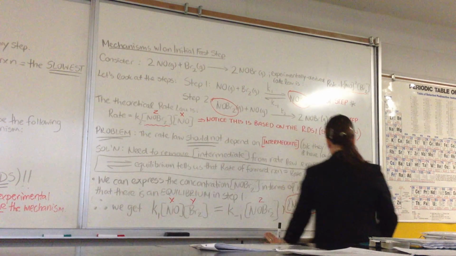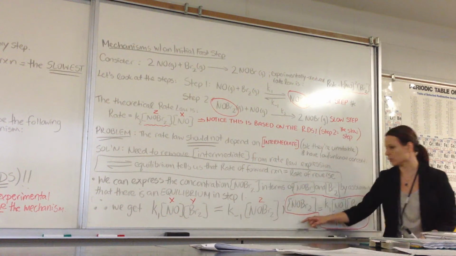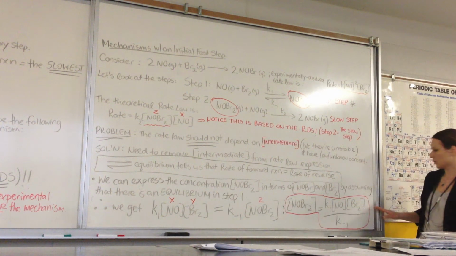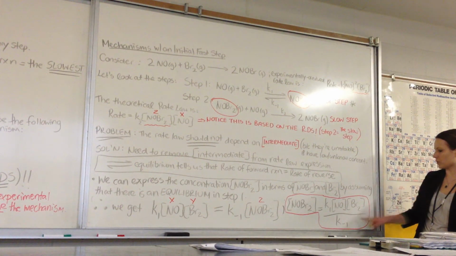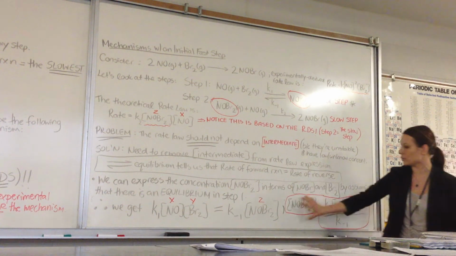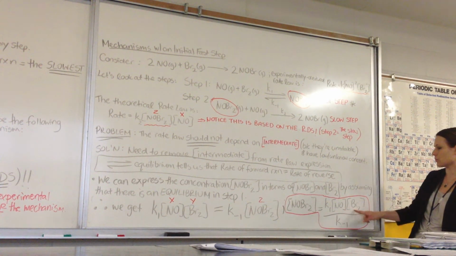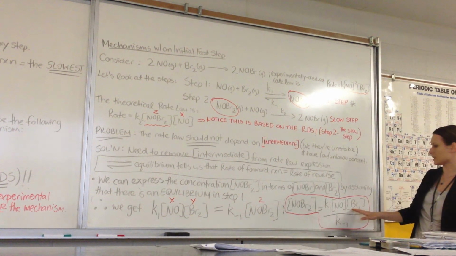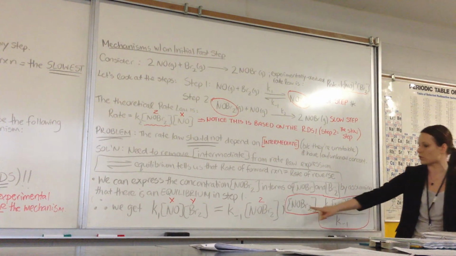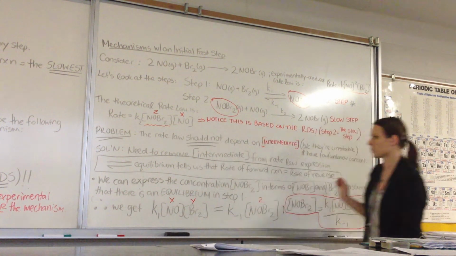We can now isolate for NOBr2 using this relationship, which we end up getting k1 times NO times Br2 divided by k negative 1. Notice that this is written in terms of the true starting materials, the true reactants in step 1. We can now substitute this into our theoretically derived rate expression.